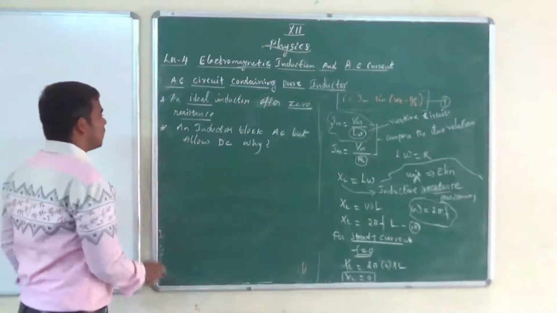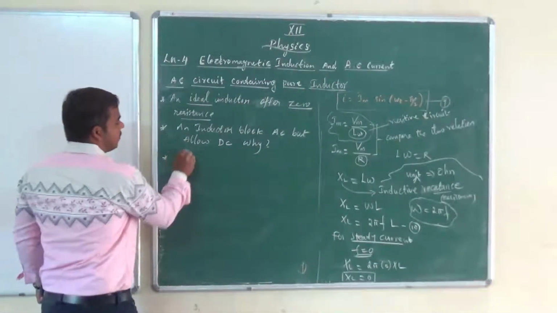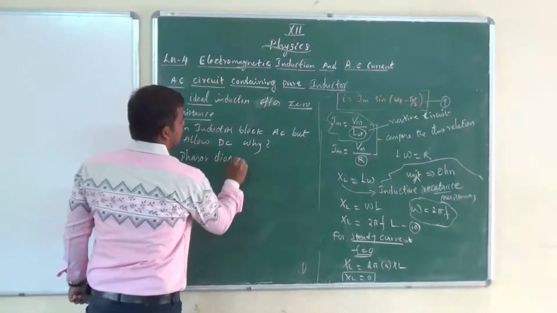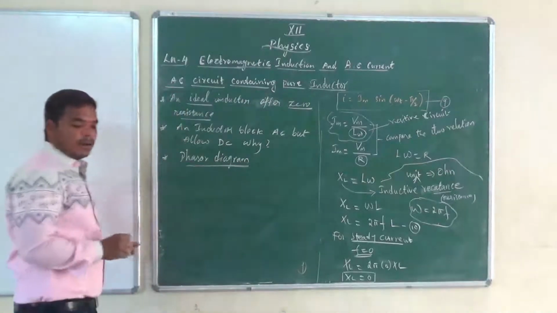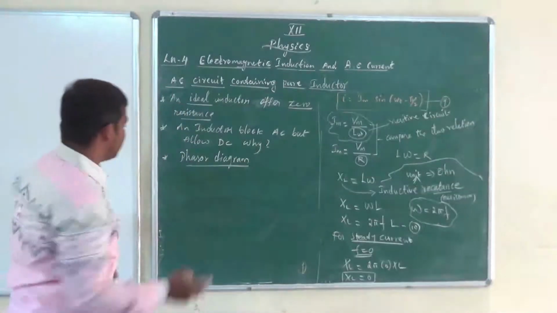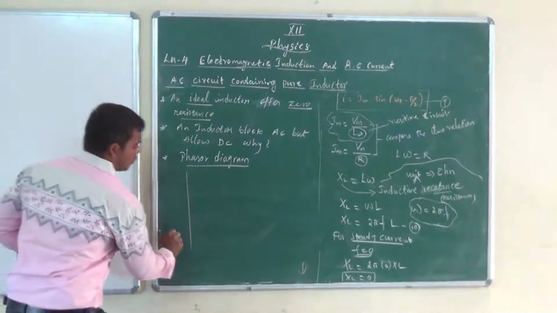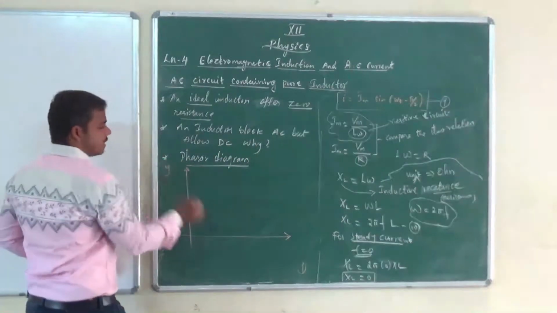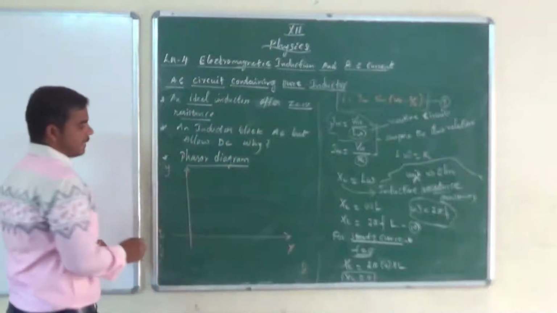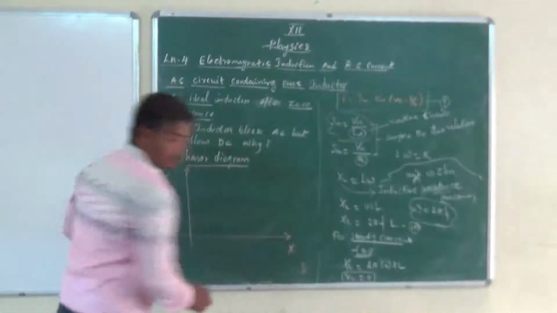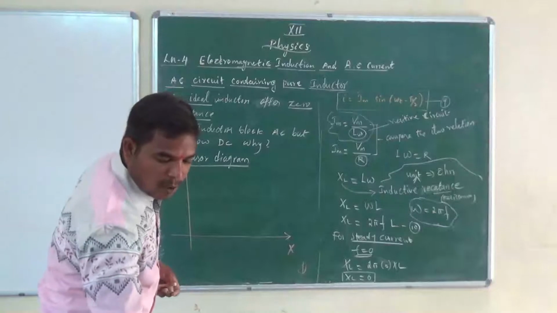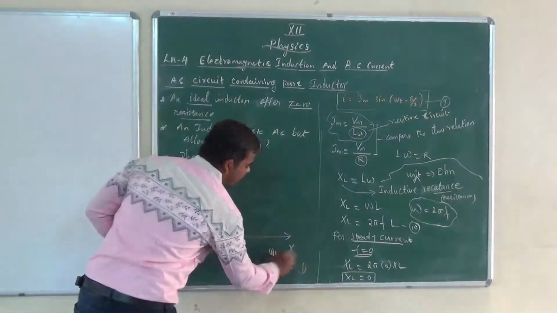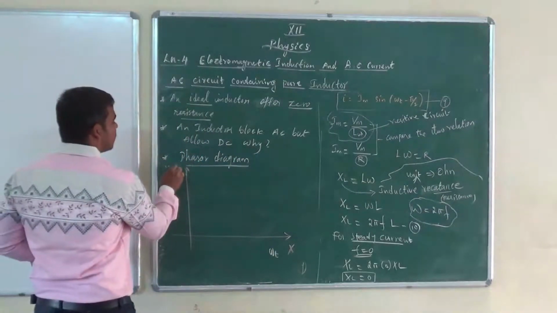Okay, next, the phasor diagram. This is very important. I will first draw the x and y axes. On the x axis I want to take omega t, and on the y axis, voltage.